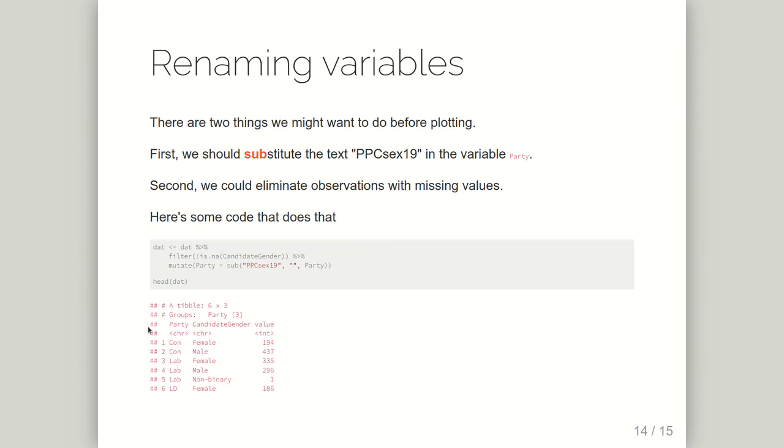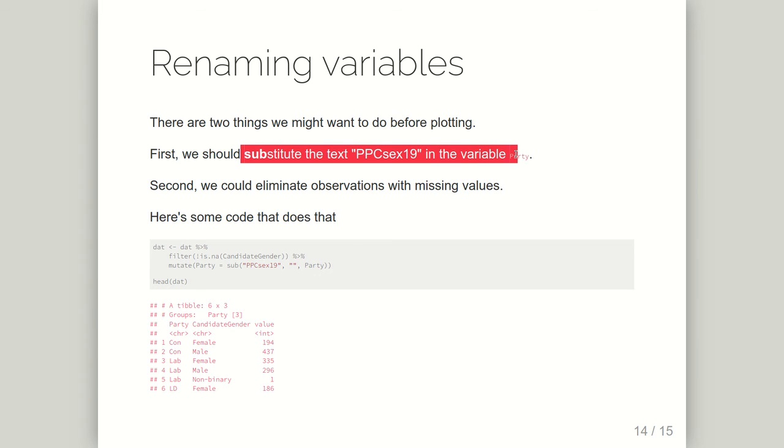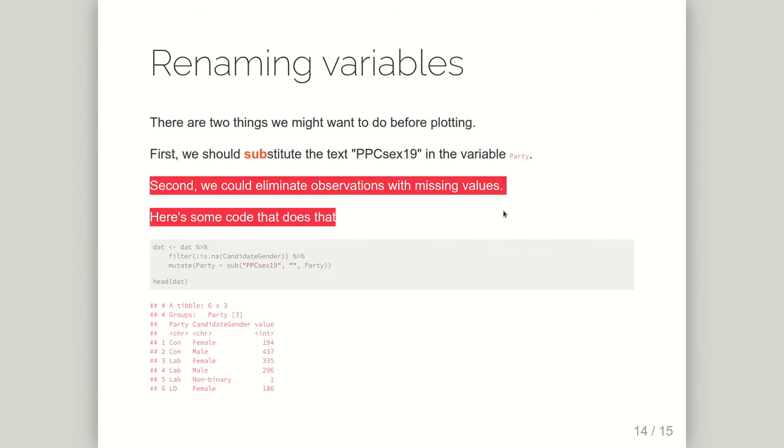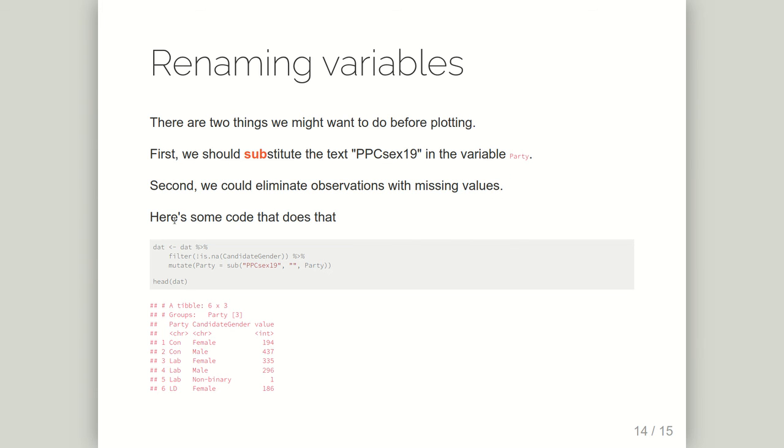We might want to tidy up a little bit. We might want to change the text of that variable party, get rid of that redundant PPC sex 19. That was only useful when we had it as a variable name. We might want to get rid of any observations with missing values.